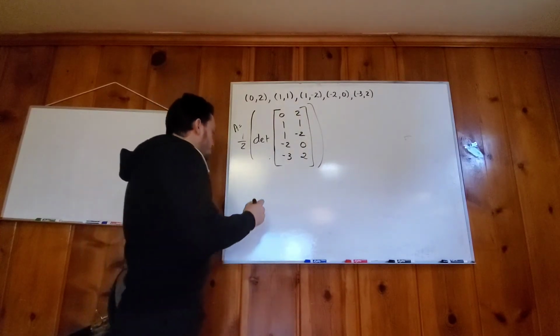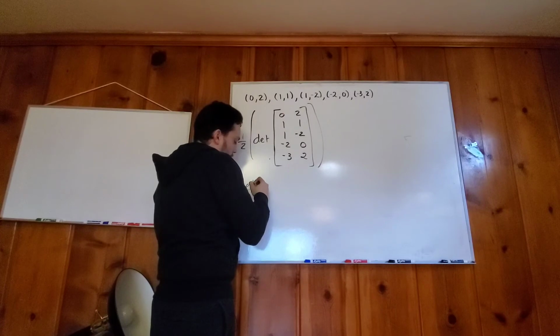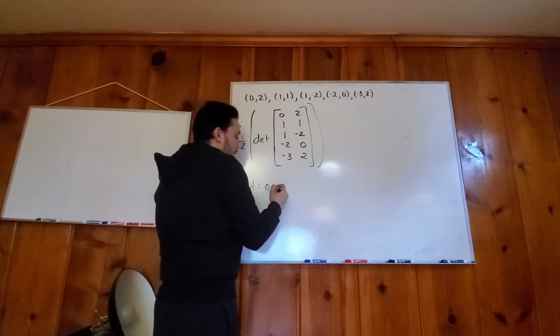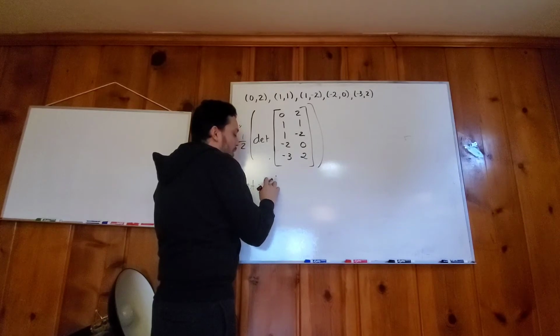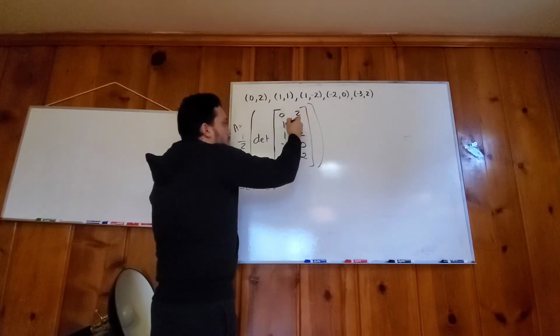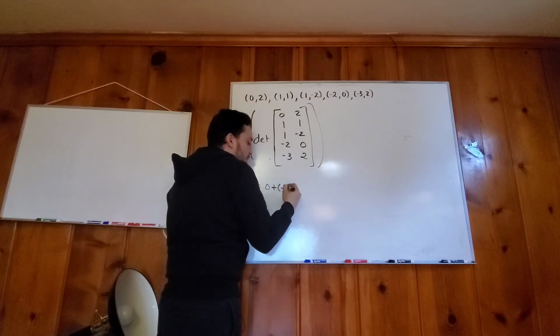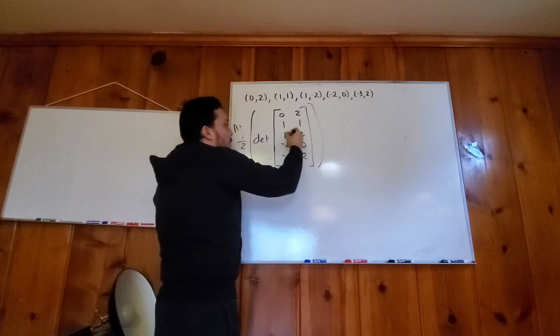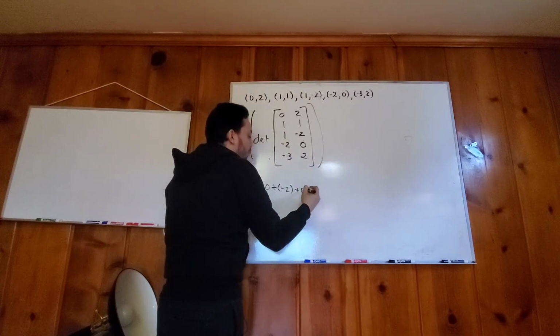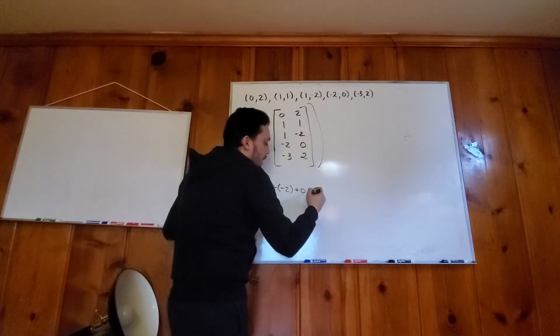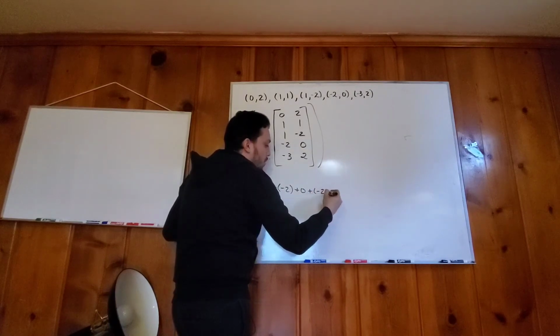So, what is the determinant? The determinant is going to be 0 times 1, which is 0, plus, I'm going to do it a little bit quicker than before. Hopefully you guys understand how to do it by now. It's not very hard. It's just you needed to kind of see it first. 0 times 1, 1 times negative 2, which is negative 2. So still let's put plus negative 2. 1 times 0 is plus 0. Plus 0. Negative 2 times 2 is plus negative 2.